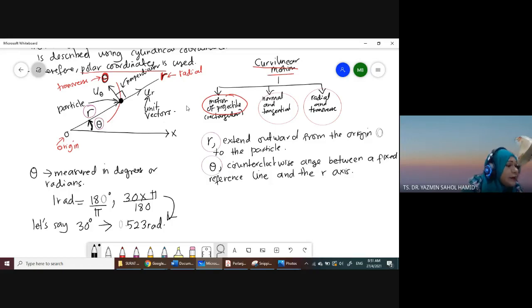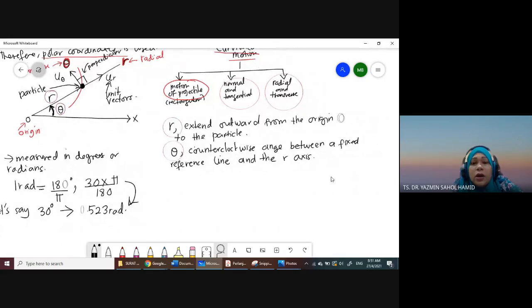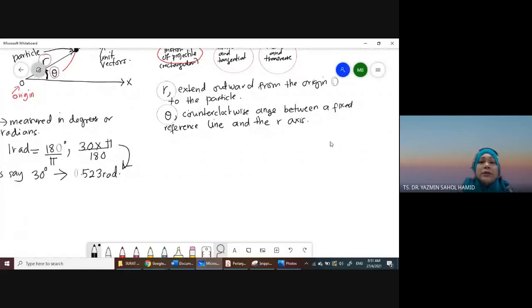Now, okay, good. So you understand this. So here are some important formulas that I need you to take note. Some important formulas in this topic. Don't worry, because the subject is open book.